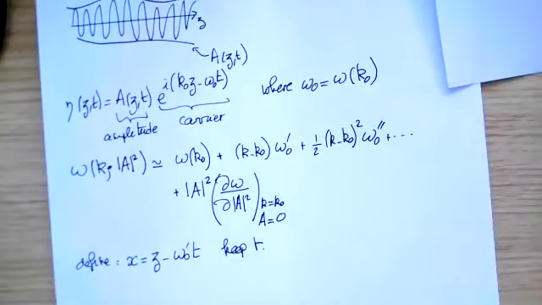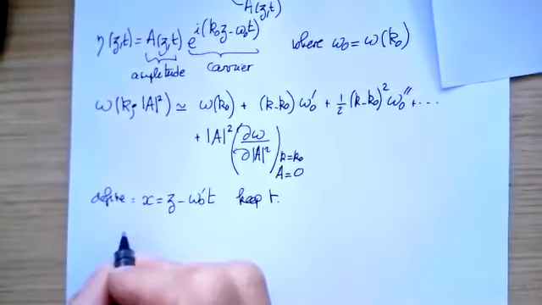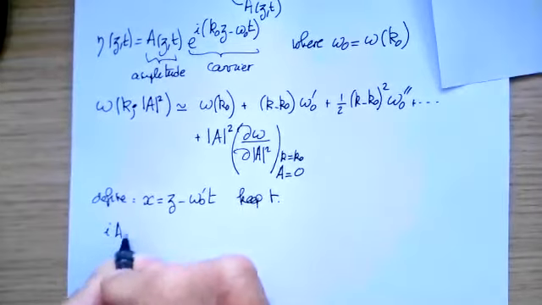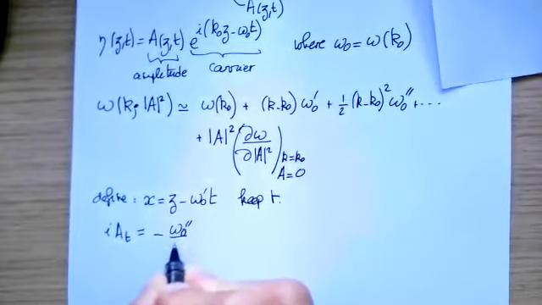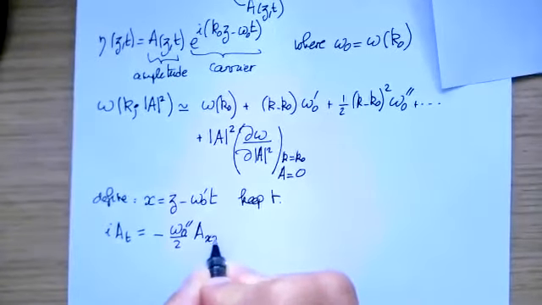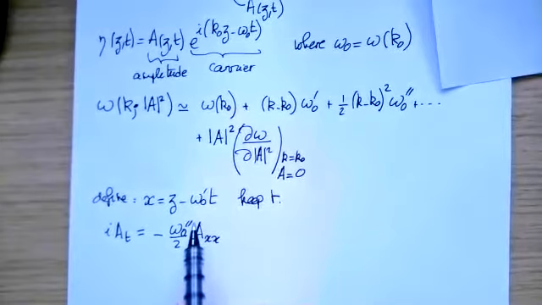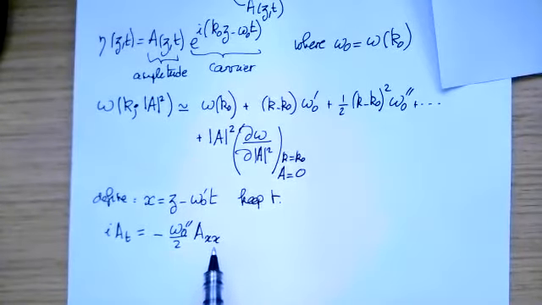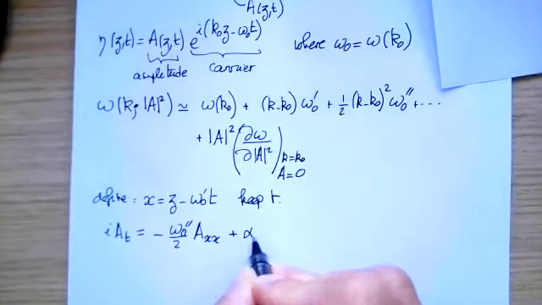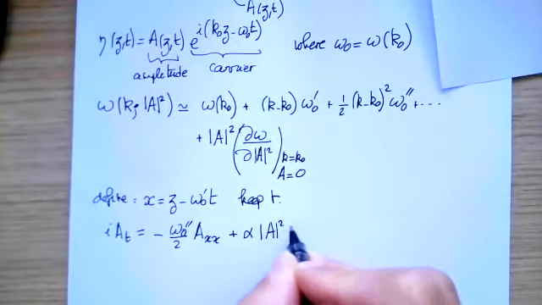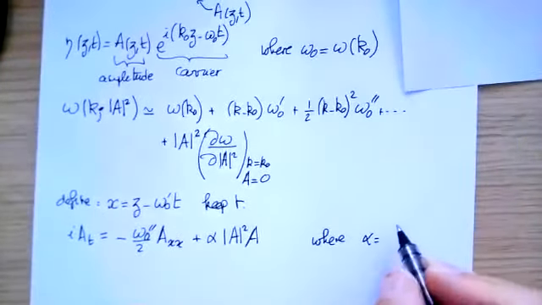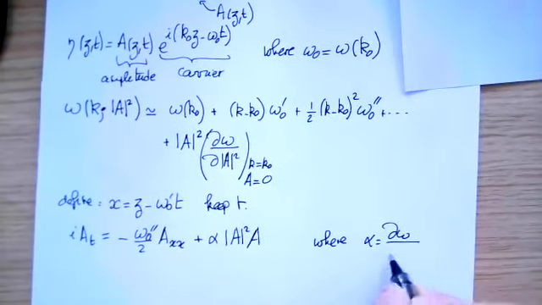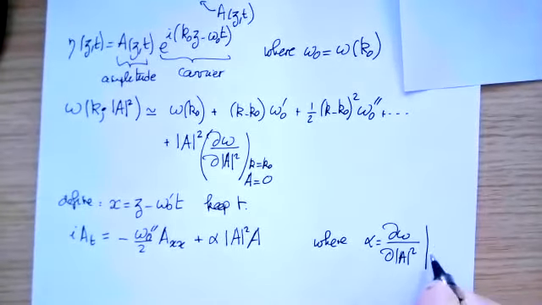A obeys an equation which is here: i times the derivative of A with respect to t equals minus omega prime divided by 2 times the second derivative with respect to position, plus a nonlinear term, this term, where alpha is this, d omega divided by d of the squared amplitude, at k0 and at 0 amplitude.